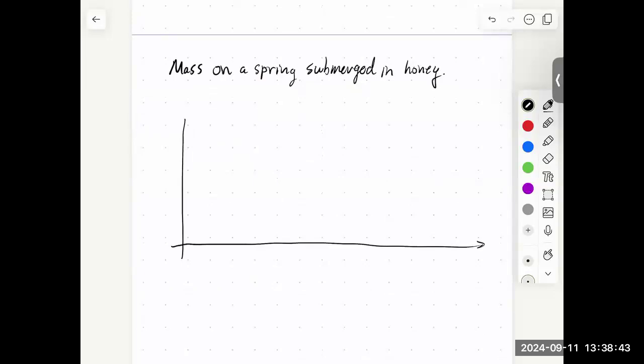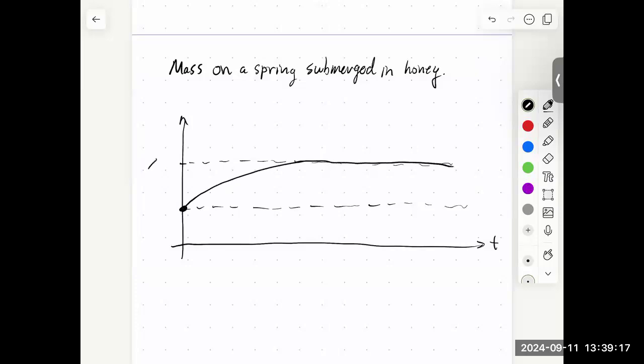So here's T. What we'll start at is our initial equilibrium position, and we'll say our initial equilibrium was the bottom one, and then when we release it, it goes down to the top one, right? Because we had our X positive pointing down. So we're going to start here, and if we're in honey, this will just slowly approach the new equilibrium.